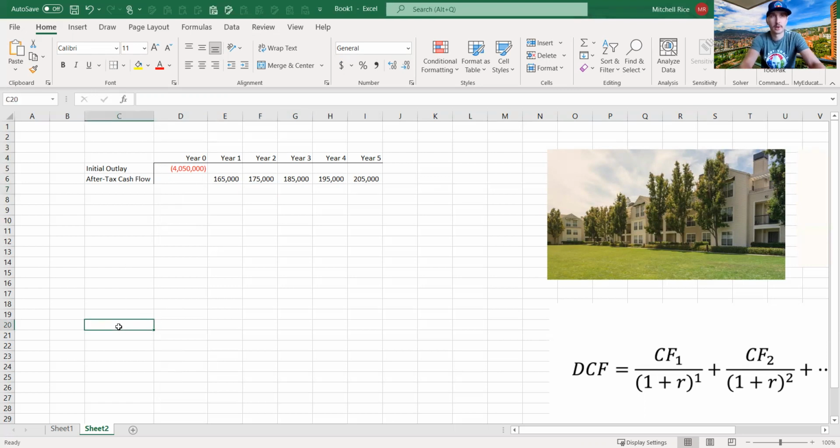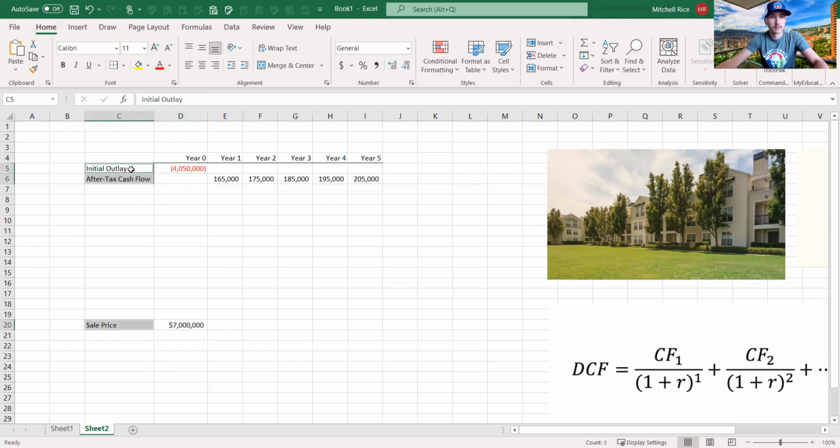Let's say that at the end of our hold period, we can get 7 million out of this thing. Obviously it'd be a lot more if we included the debt on the project, but just for apples to apples, let's say that at the end of our hold period, we'll have 7 million in equity compared with the 4 million that we put in.